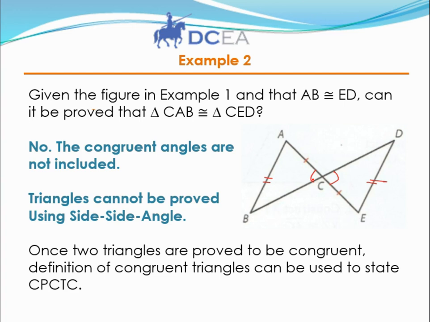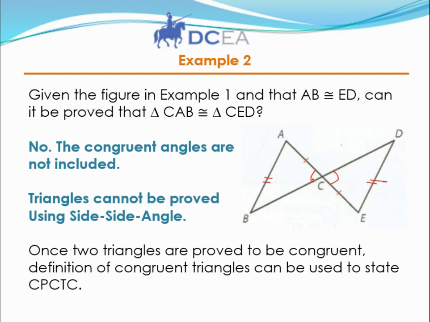We have no included information, so no congruent angles are included. We would need at least another angle to prove this. If we have two sides right here that are congruent, we'd have to know that angle A was congruent. We cannot prove triangles using side-side-angle. There's a reason for this, and it's not used in geometry, particularly high school geometry.